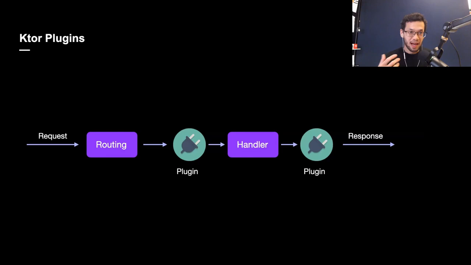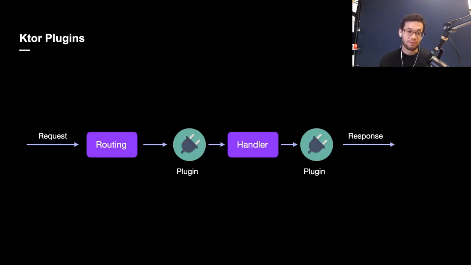It has a routing mechanism, which is assigned to a handler to process the request and return the response. And between the handlers, we can install as many plugins as you want, to bring more features into this application. So you can imagine that a plugin is sort of an ability for the application.